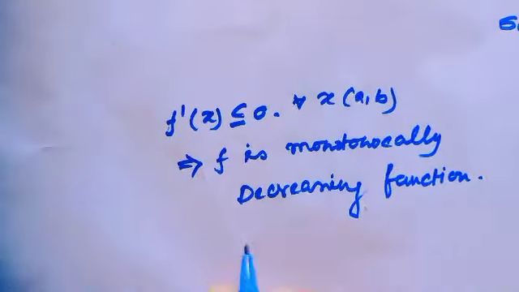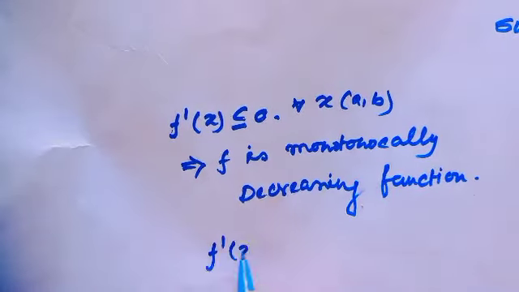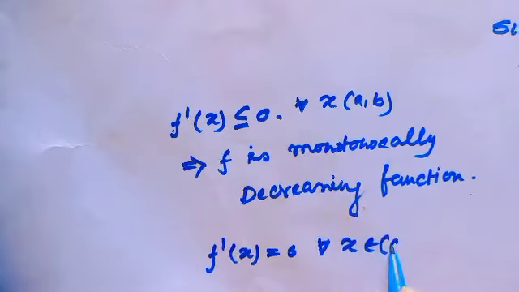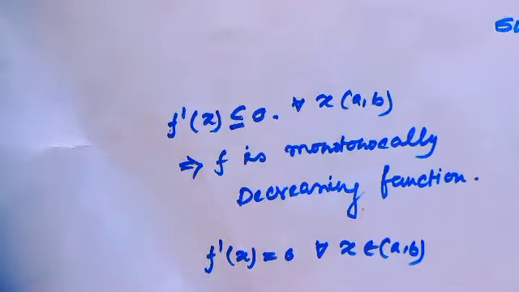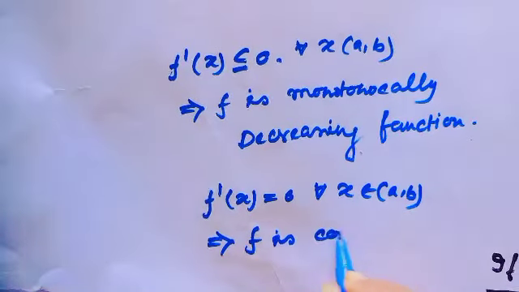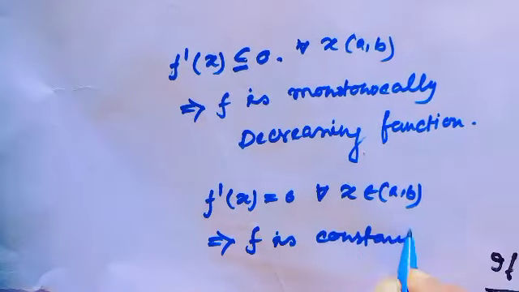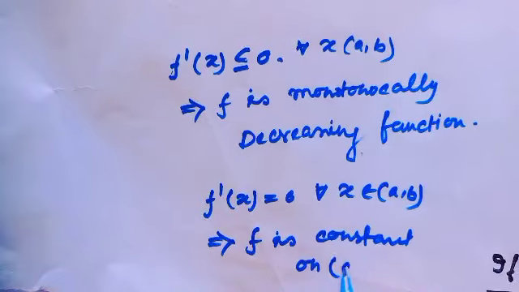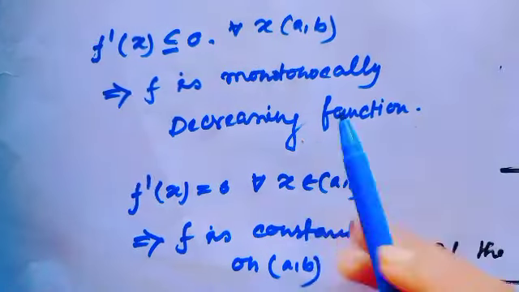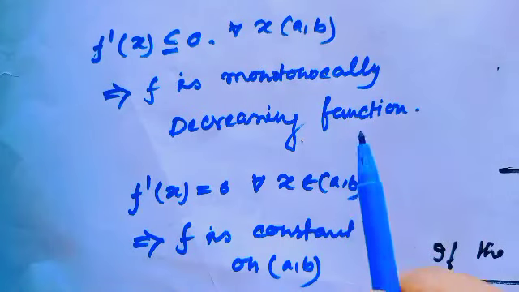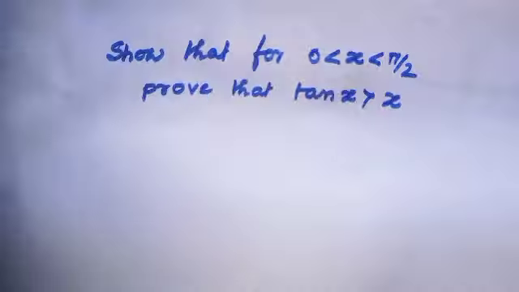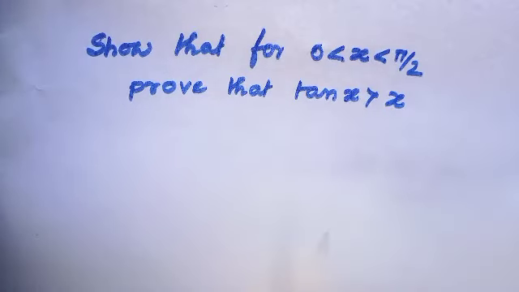Well, f prime x equal to 0 for all x belongs to (a, b), that implies f is constant on the interval (a, b). Are you getting? Try to prove this example on your own. Always apply the mean value theorem. Okay? Now next see the other example.